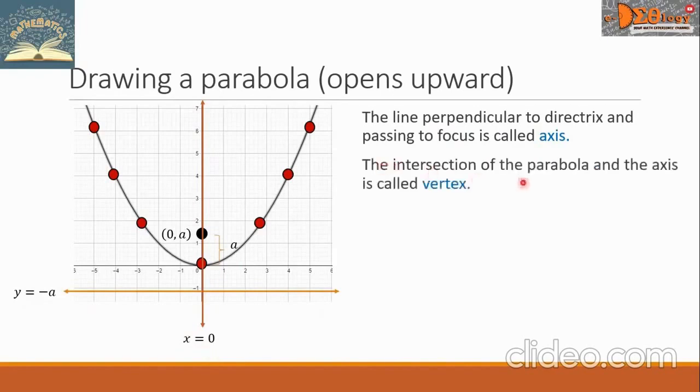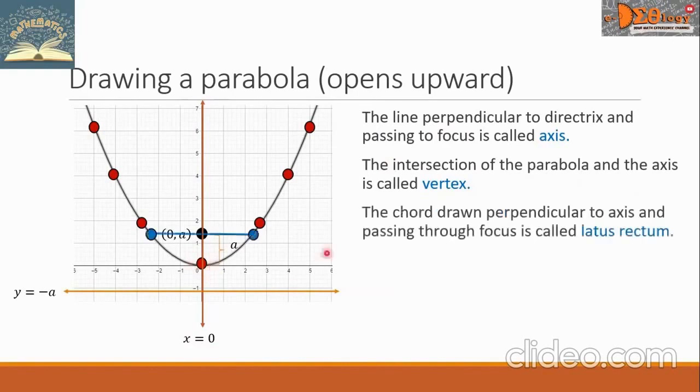The intersection of the parabola and the axis is called vertex. So again, this is our vertex. The chord drawn perpendicular to axis and passing through focus is called latus rectum. This is the line segment that we call latus rectum.